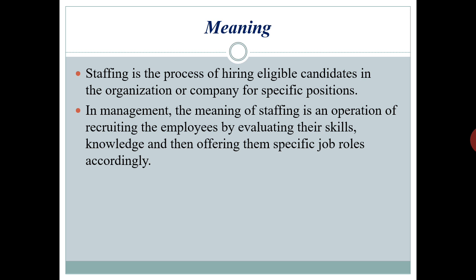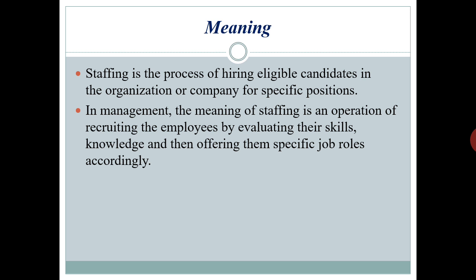For example, you have different departments in your organization. In those departments, you have some key persons, some people who will be working as managers, and some people who will be assisting them.